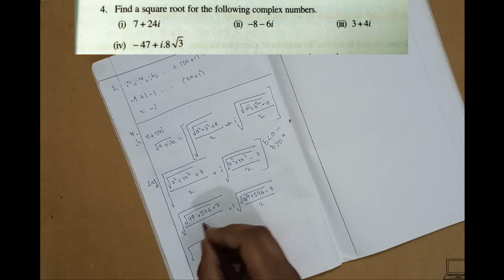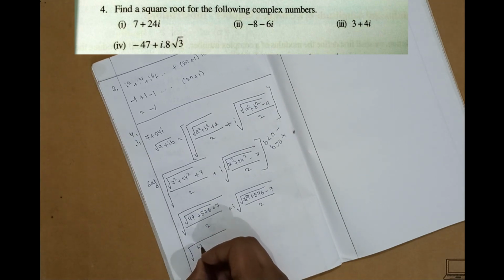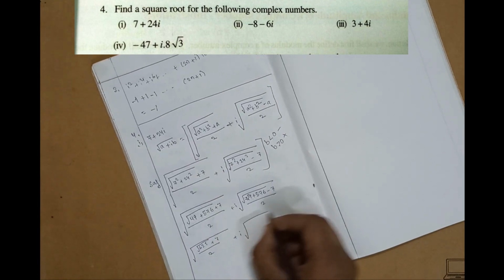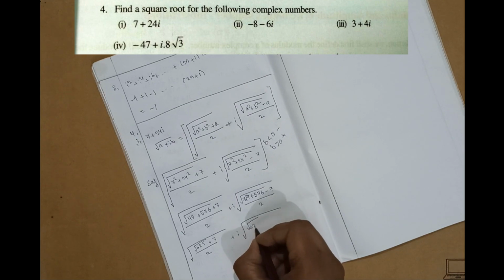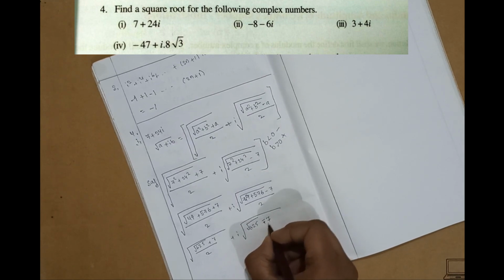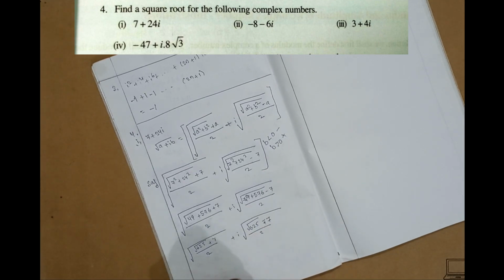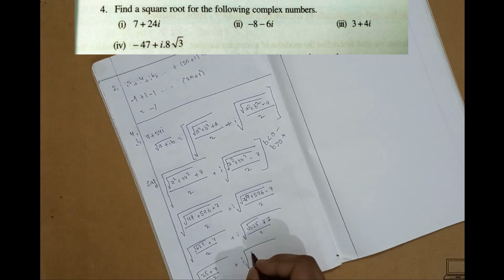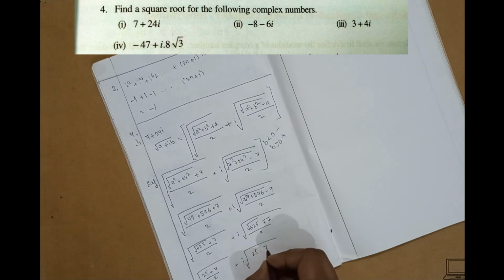If we add these two, we will get 625 plus 7 by 2, under root 625, and here it is minus 7 by 2. Root of 625 is 25. So 25 plus 7 by 2 plus i of root 25 minus 7 by 2.